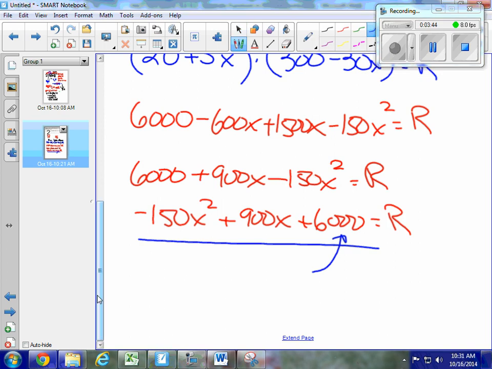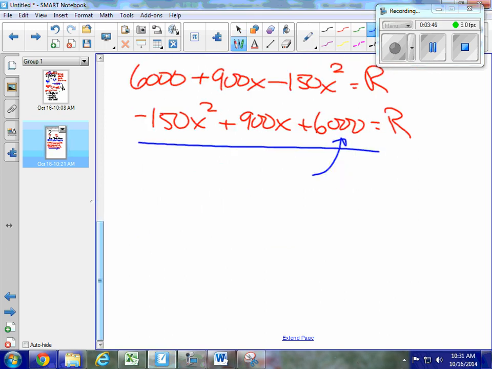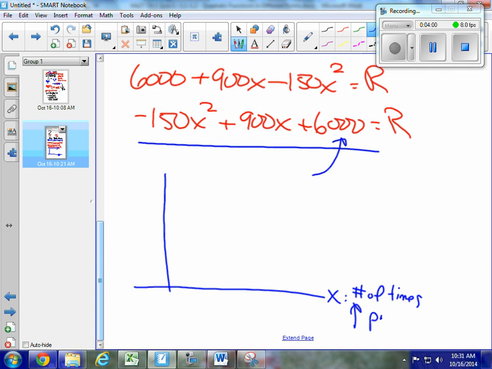If I was to graph this, I'm just going to do this real quickly. I know my x is the number of times I increase the price, and my y is my revenue. That's my r. See, right here, that's my y. So I know I'm going to have a parabola, and I know it's going to cross the y-axis at 6,000.